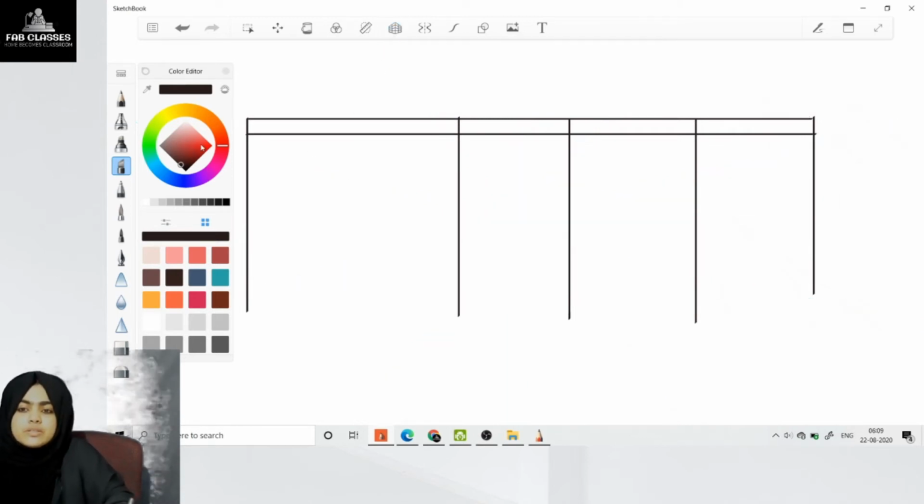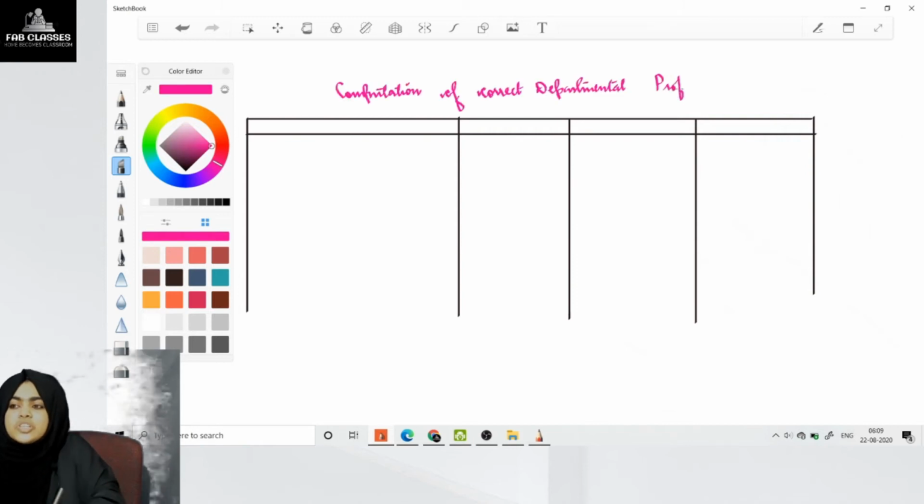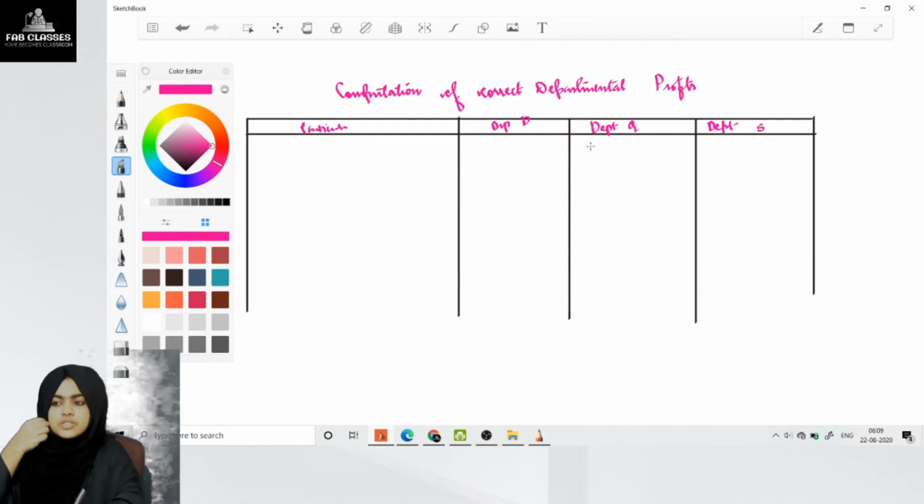Okay, so what we are doing is the computation of the correct departmental profits. So the particulars: department P, department Q, and department S. This much is given.